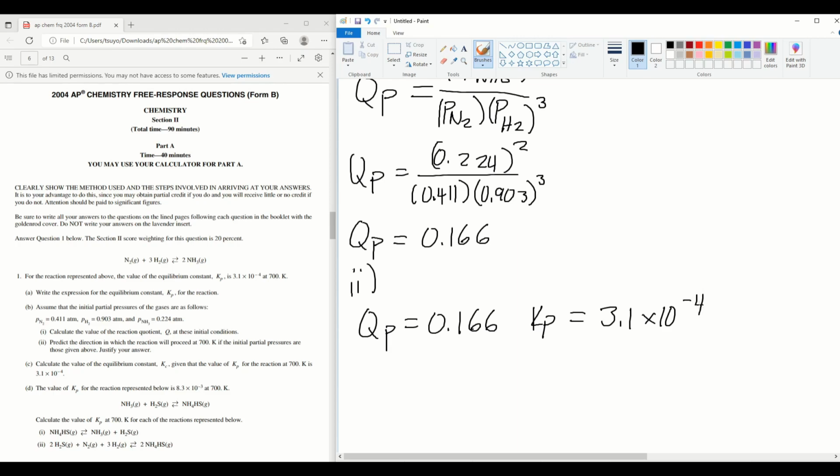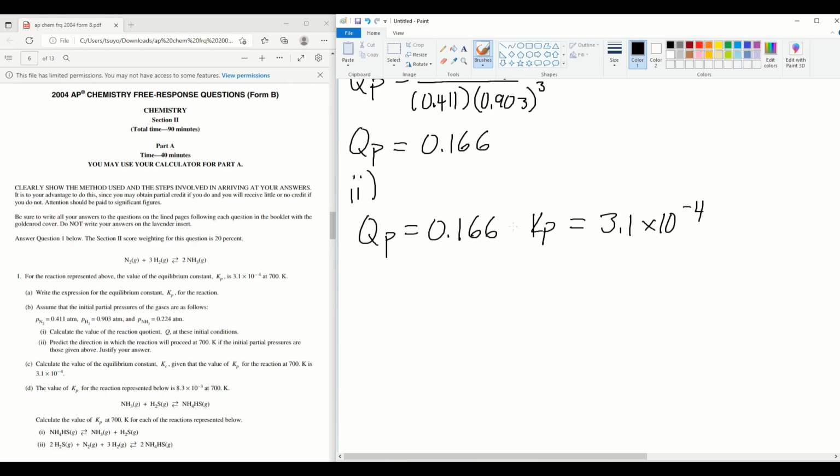So when you're comparing QP and KP, KP is when the reaction is at equilibrium. So since the reaction is not at equilibrium and these aren't the same value, that means this QP is not at equilibrium. So we know that QP is greater than KP.